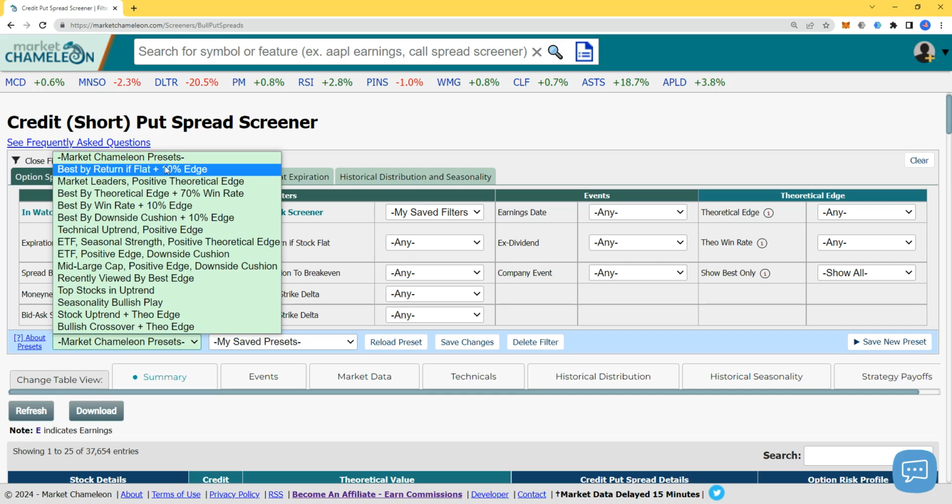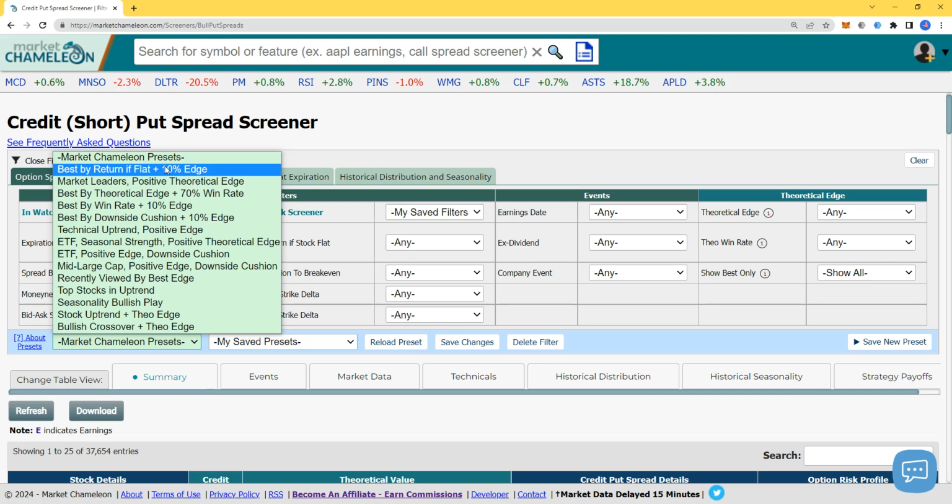The stock price is at 100, and if the stock goes up to 105, 110, you collect the entire amount of income. Option number 2, the stock stays at 100. You collect 100% of the income because you sold the 95 put and you bought the 90 put. So those are 2 ways.